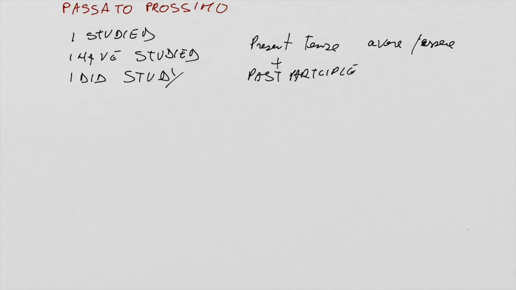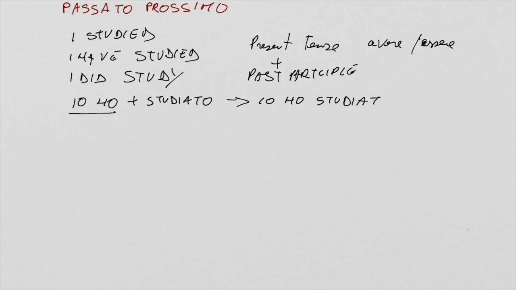So, for example, to say in Italian I studied, or I have studied, or I did study, you have to take the present tense of avere in this case, so io ho, and add the past participle of the verb you want to make past, so studiare. So you form the past participle, you drop are, you add ato, and you have studiato, and you combine that with io ho. The result is io ho studiato.